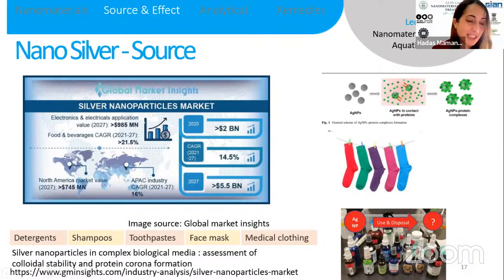So the global silver nanoparticle market was valued at $1.8 billion in 2019, and is projected to reach more than $5.5 billion in 2027.